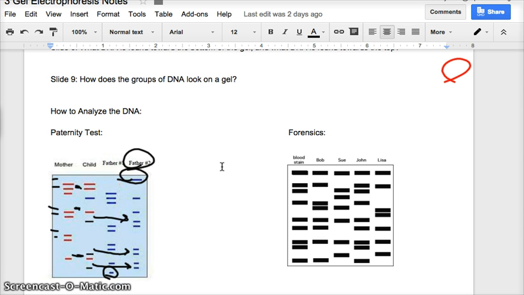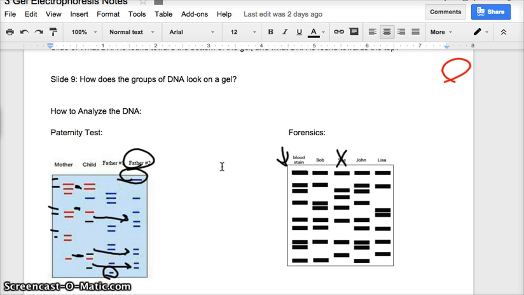Over here, forensics is when you try to solve a crime. We have the blood stain from the crime scene, and obviously, if they did it, their DNA would match up perfectly with the blood stain. So you go through these bands. Right now, they all have the top band. The second band, only Bob, John, and Lisa have. So Sue is out.